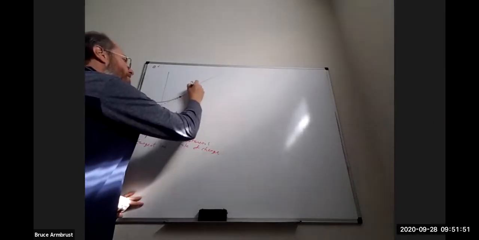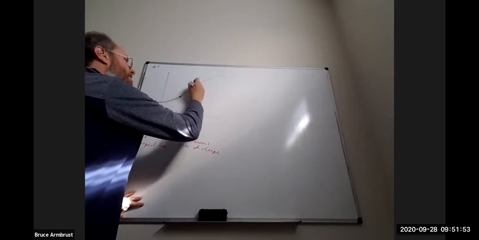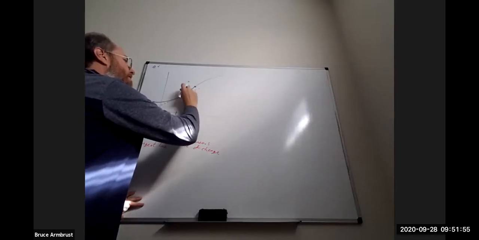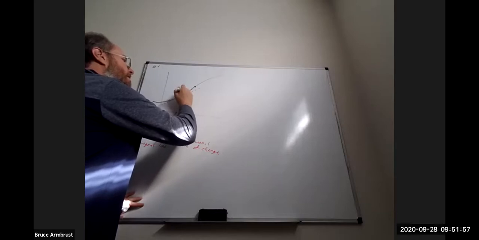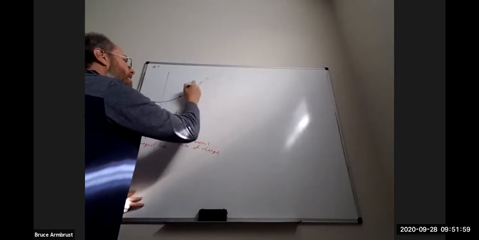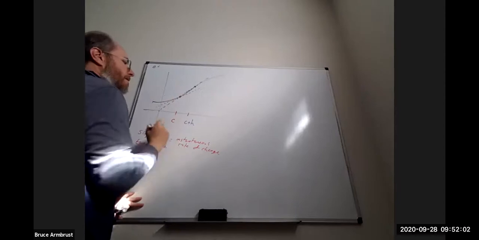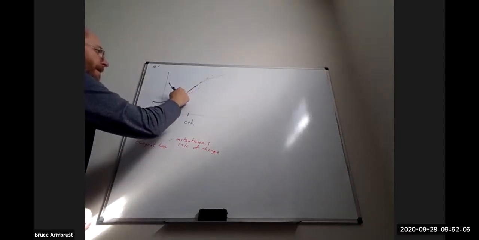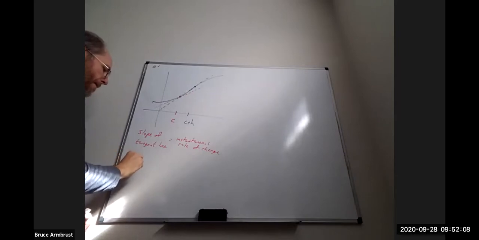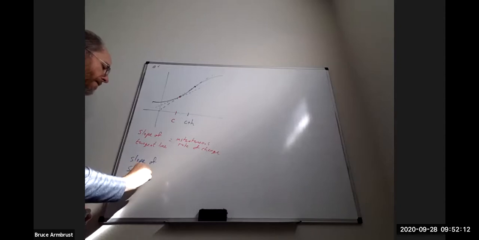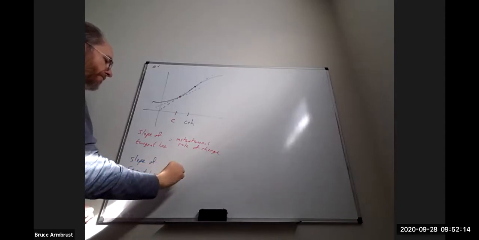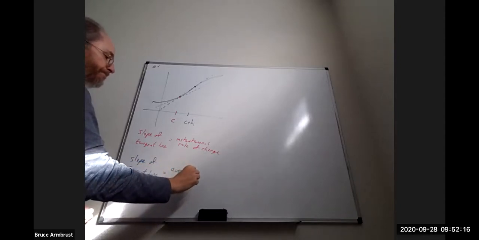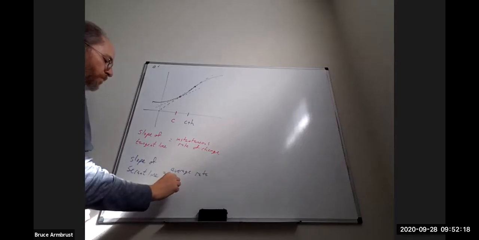Then we could connect those two dots with a line and create a secant line. Now what we saw here was that the slope of the secant line was the average rate of change.